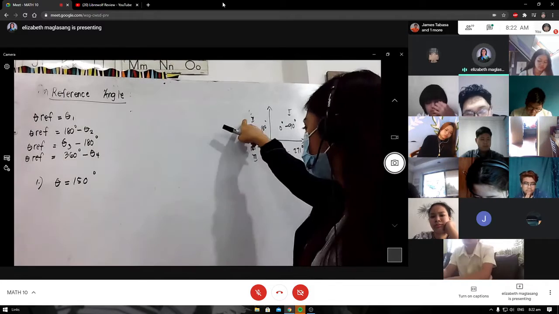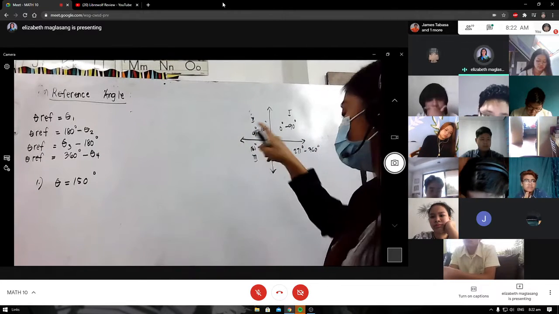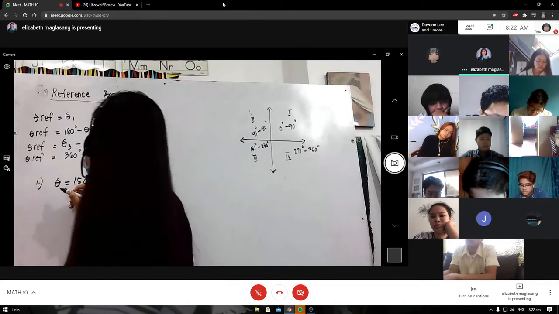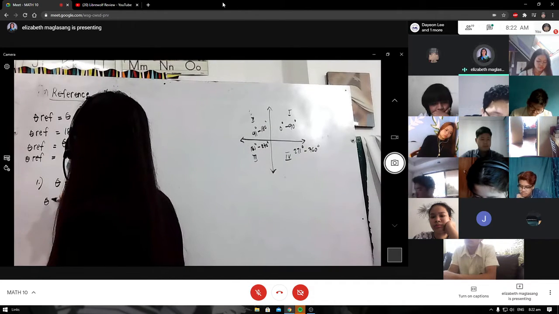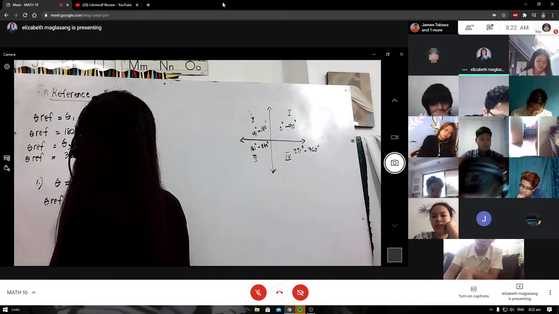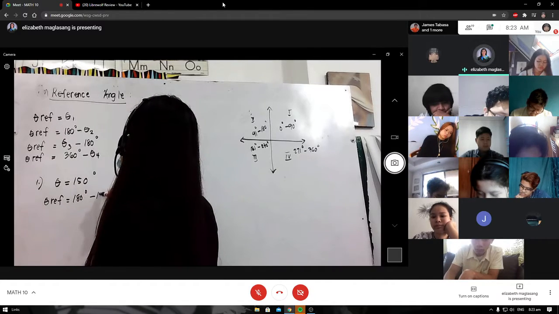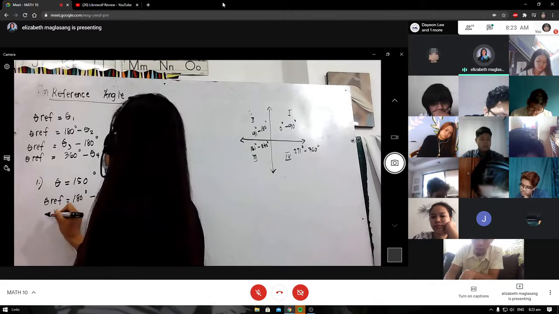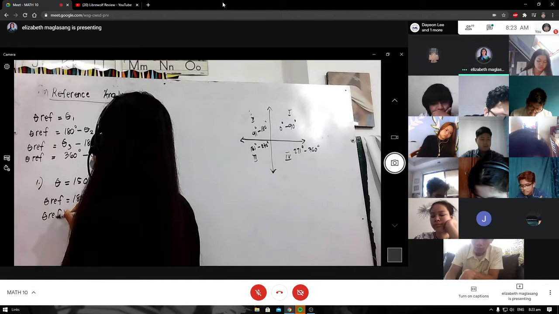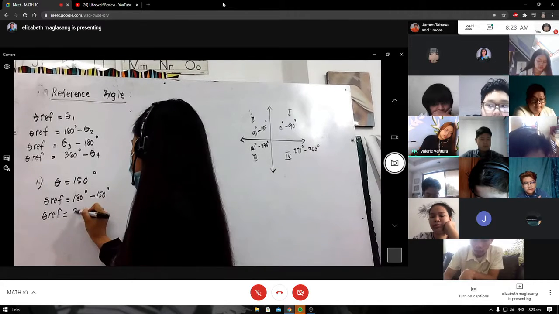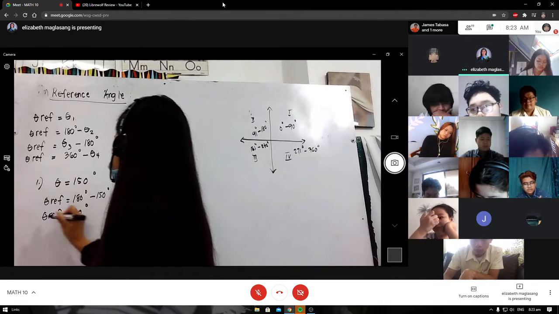From quadrant 2, the angle there is 91 degrees to 180 degrees. So the formula is reference angle equals 180 minus 150 degrees. So your reference angle is 30 degrees.